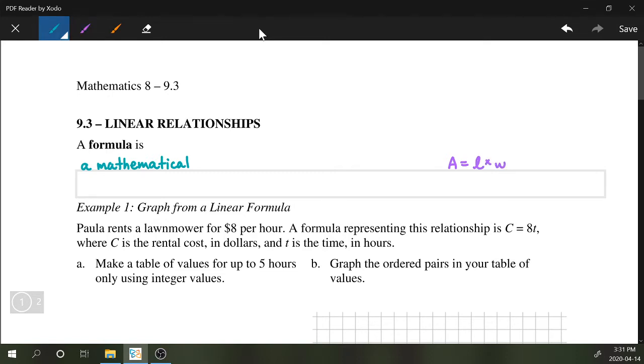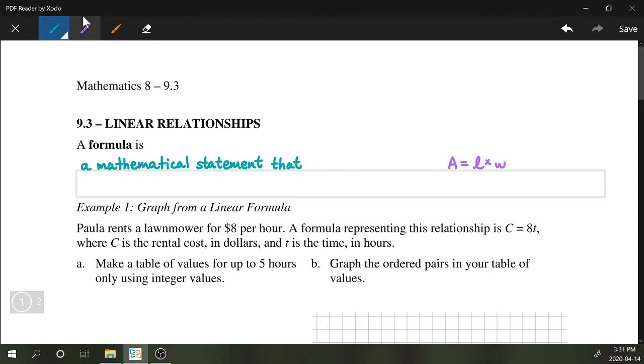So in this case, it is a relationship between the quantities area, length, and width. And that's a good example because there are actually three quantities involved, right? So a formula can involve just two quantities or more quantities than that. So in this case, we have three.